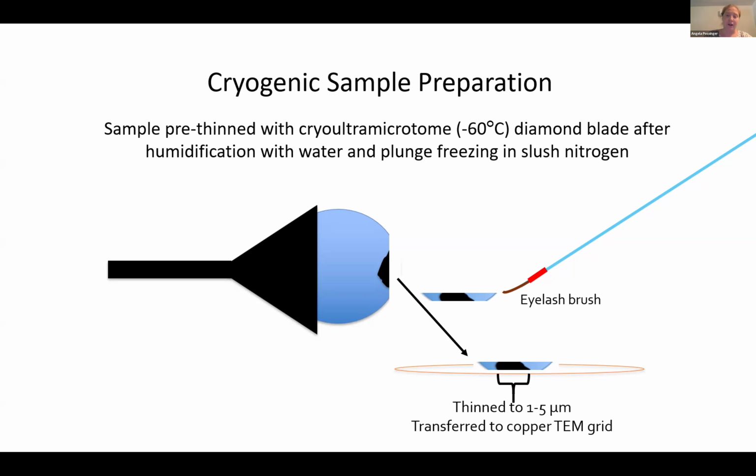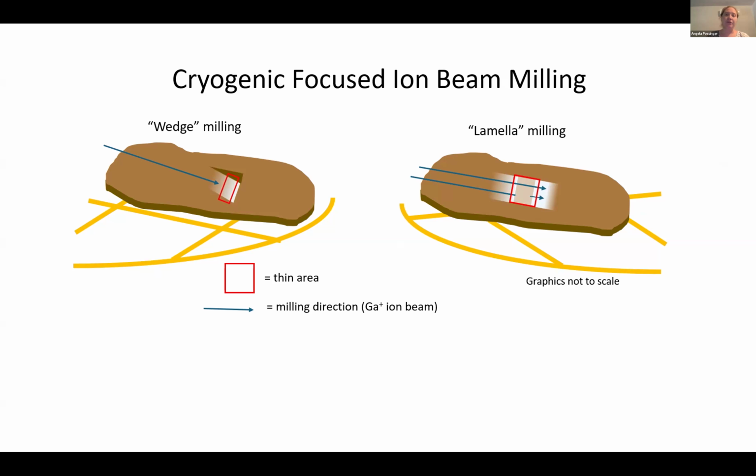And this is where our technician Akio Enders really had the fine touch in this process, which was really quite finicky. So then after the initial thinning process, we transferred cryogenically to a cryogenic FIB instrument, which is using a gallium ion beam to further mill and thin the material.